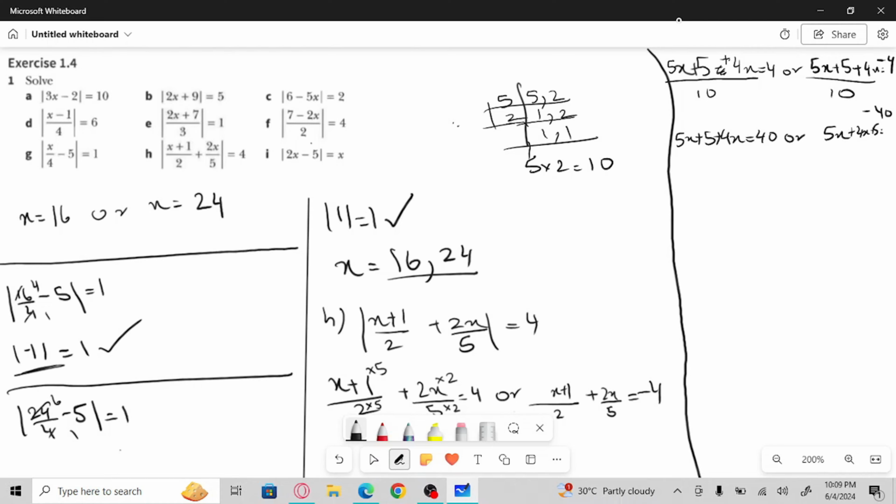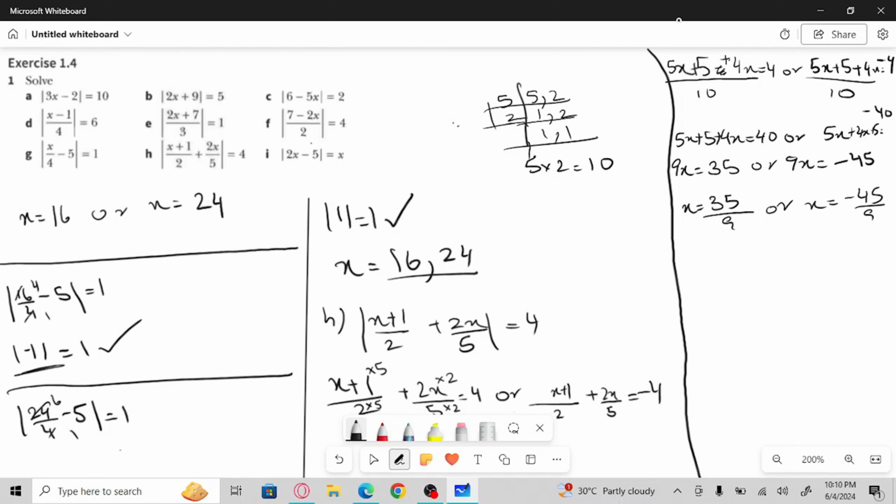So 5x plus 4x is equal to 9x, and 9x is equal to 40 minus 5, which becomes 35, or 9x is equal to negative 40 minus 5, which is negative 45. Now the next thing we are going to do: x equals 35 upon 9, or x is equal to negative 45 upon 9.